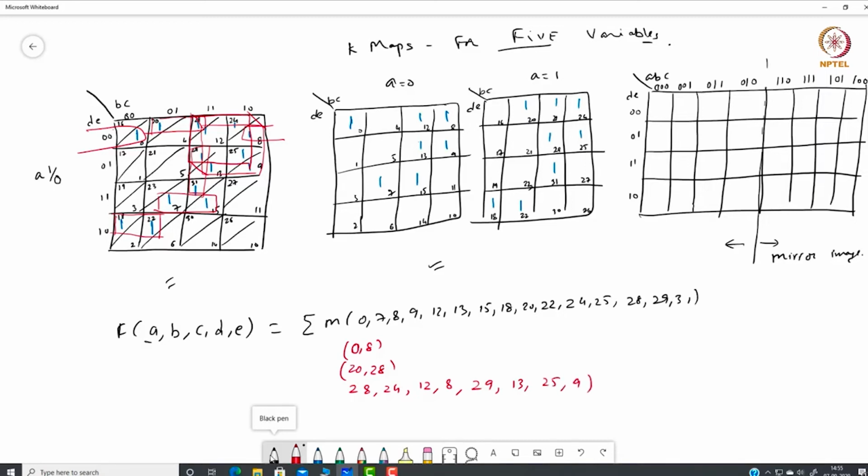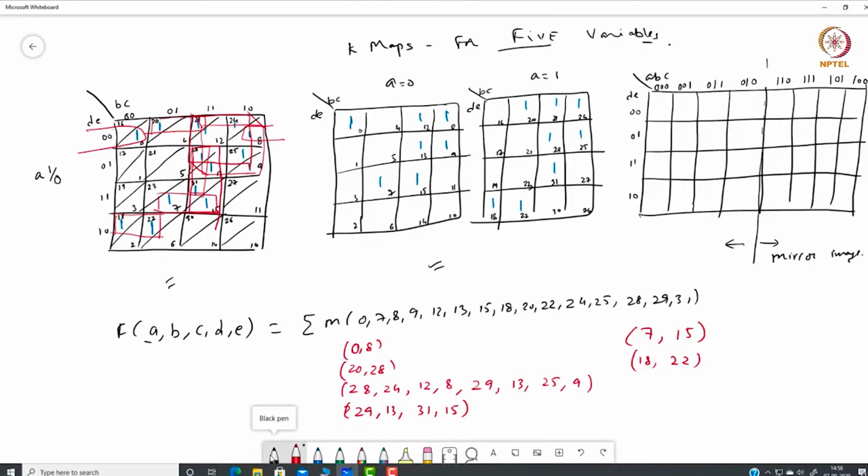Similarly these 4 can also be combined, so 29, 30, 31 and 15. The other one remaining from here is 7 and 15, 18 and 22. So these are the min terms which can form a cube or be combined together.